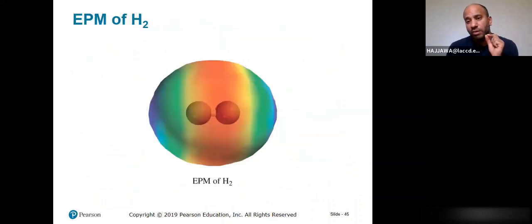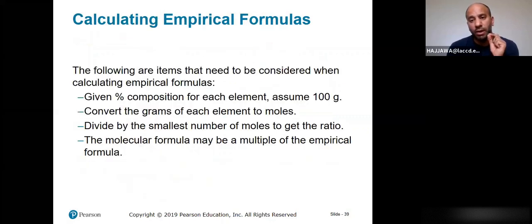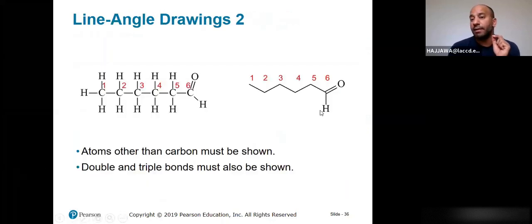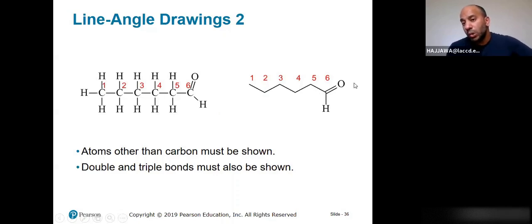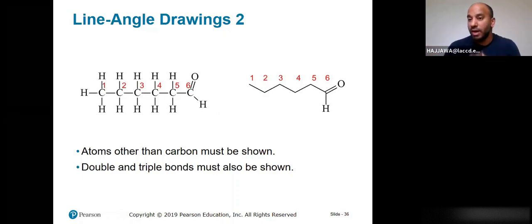Also, if I have this structure, which I saw a minute ago, the aldehyde, let's say I'm asked, what's the hybridization around this carbon and around the oxygen? Carbon has 1, 2, 3 electron groups. That means it's sp2. Oxygen has 2 lone pairs plus the double bond, so you have 3 electron groups. What's the hybridization around the oxygen? Well, it also has to be sp2.